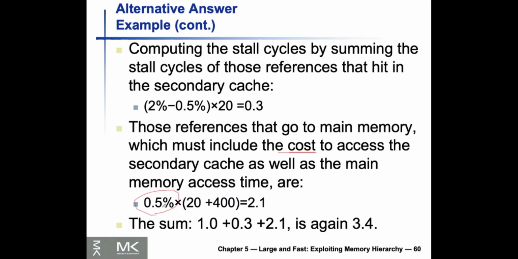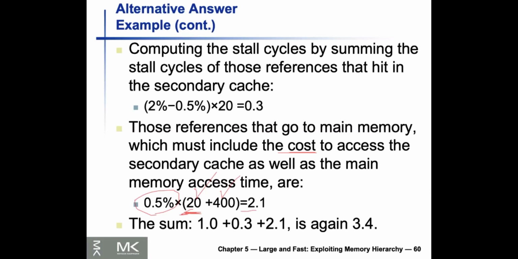So we first check L2, we pay this price, we didn't find it, but still we had to check it, right? We check L2, so we pay the price of 20 nanoseconds. And then said, oh, we didn't find it, now we miss. We need to go back down to memory. So now I have to pay again 0.5% of the access time of memory, right?